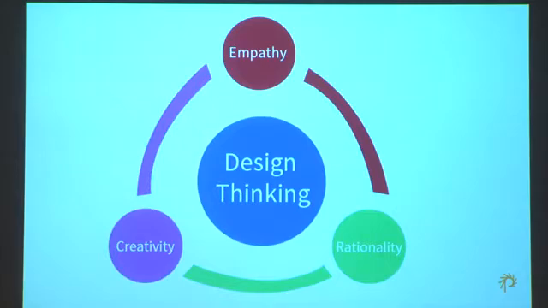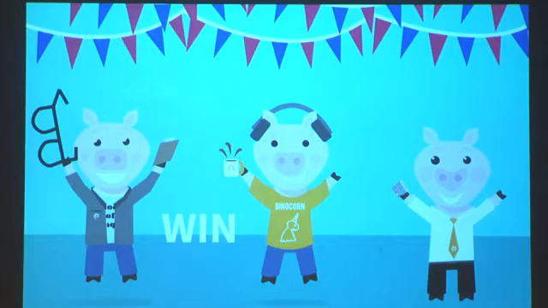Creativity on its own isn't going to solve anyone's problems, and rationality on its own is just going to come across real Vulcan and boring, and no one's ever going to respond well to it except for people who only respond to rationality, which is not an overwhelming percentage of the population. If we practice design thinking and co-design, we work together well, we win.